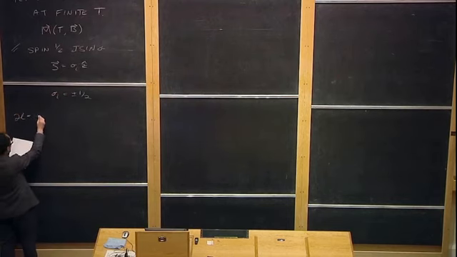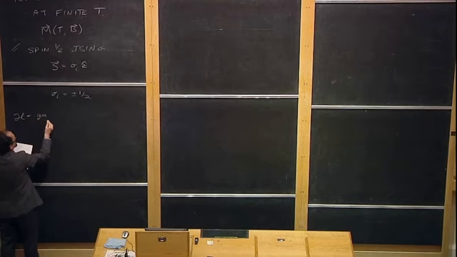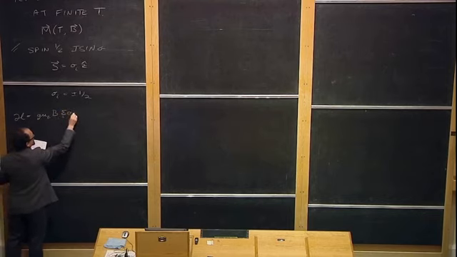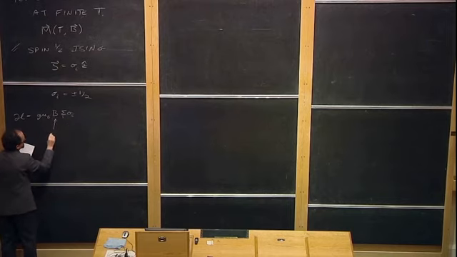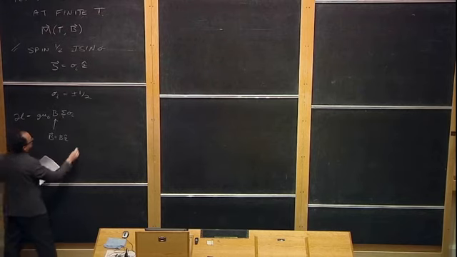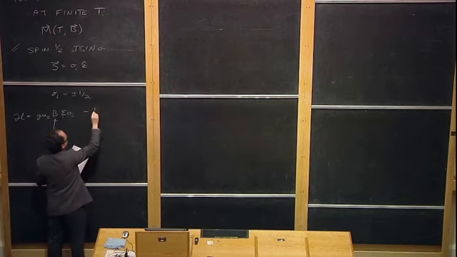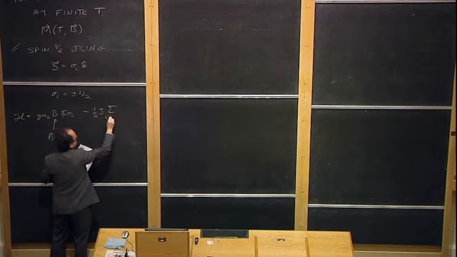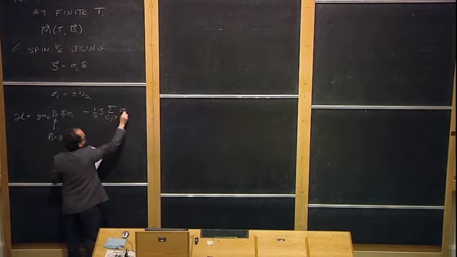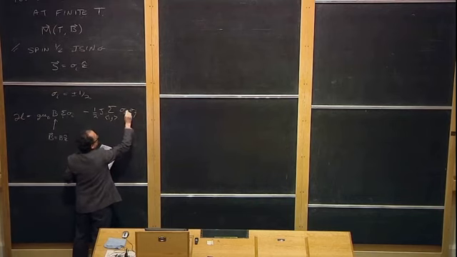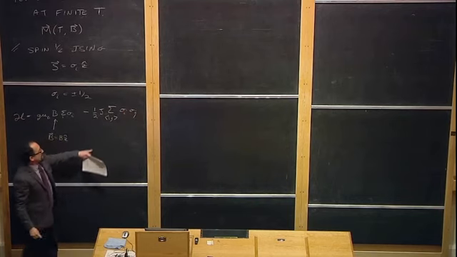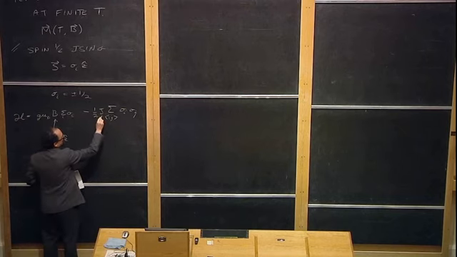There will be a coupling to the external magnetic field, B, summed over all sites, sigma_i. Here I've put the external magnetic field in the z direction. Then we have the coupling between neighboring spins, minus 1/2 J, sum over neighboring spins i and j, sigma_i sigma_j. Again, the bracket notation means that i and j are neighbors. Here we're concerned with a ferromagnet, so we said J greater than 0.